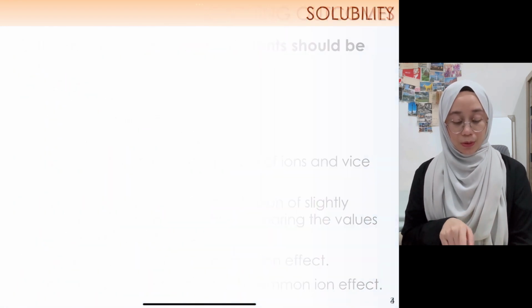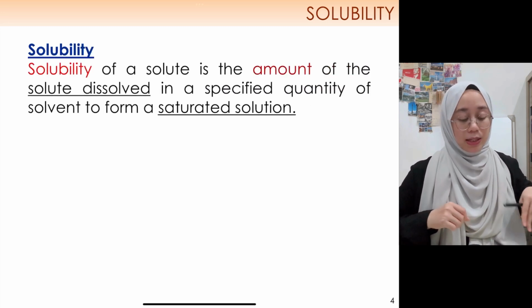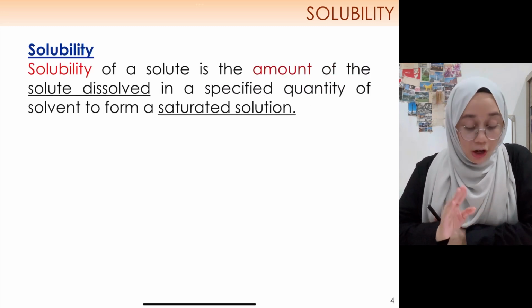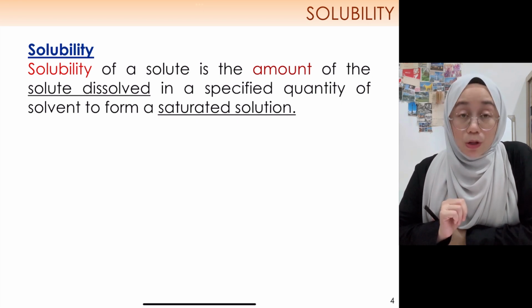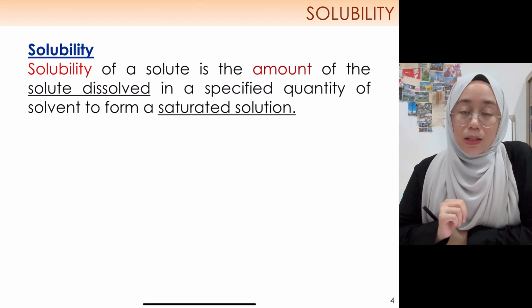Okay, so first one, kita nak tengok what is solubility. So basically solubility of a solute is the amount of the solute dissolved in a specified quantity of solvent to form a saturated solution.